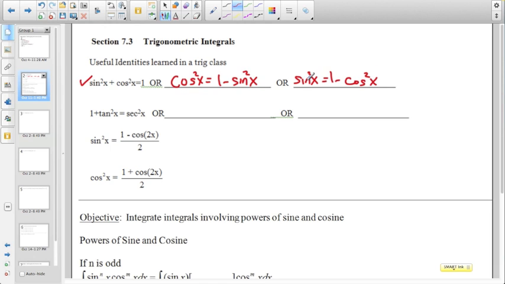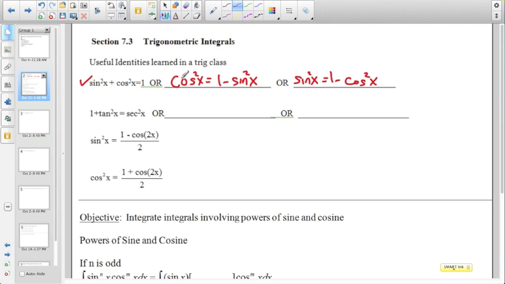And so with this trig identity, we can replace even powers of cosine or sine of x with the alternate expressions and eliminate then either the cosine of x from an integral or the sine of x from an integral. Likewise, if we look at the trig identity 1 plus tan squared x equals secant squared x, we can get that by just taking this and dividing it by cosine.